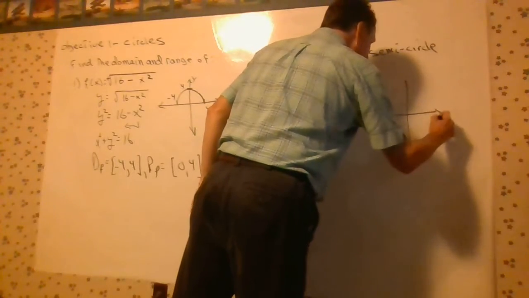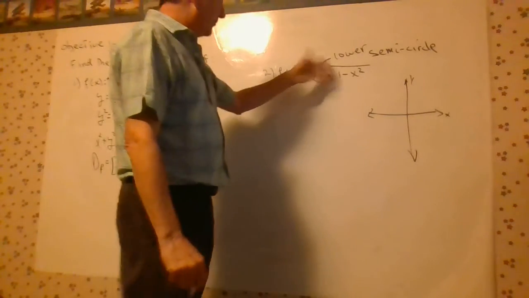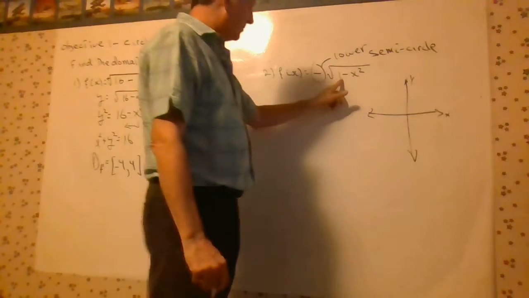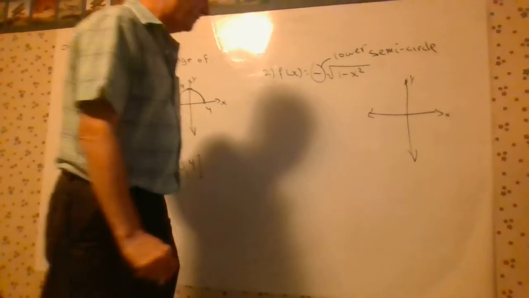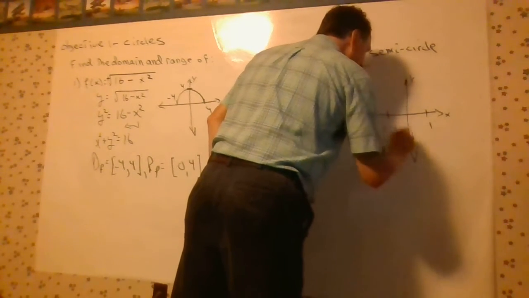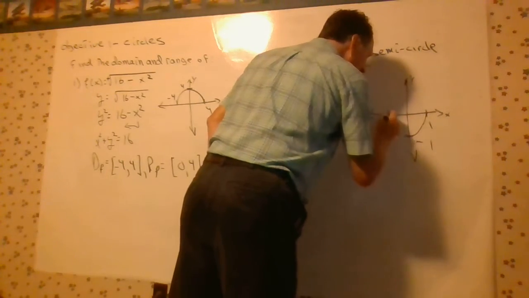We'll draw a rough graph. There's x, there's y. And you can understand what would happen if you unpack this by doing the algebra. That's where the radius is. Square root of 1 is 1. It's a semicircle. 1 minus 1, negative 1. It's a lower semicircle.